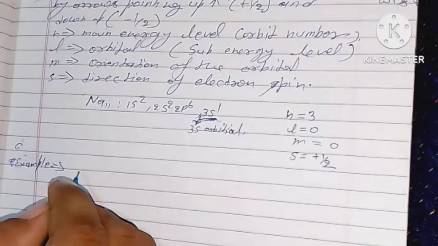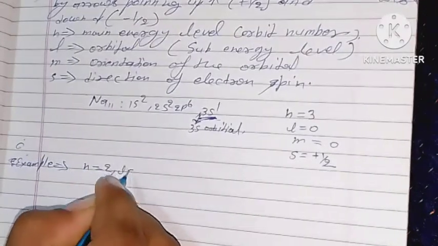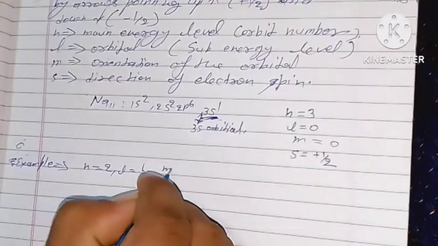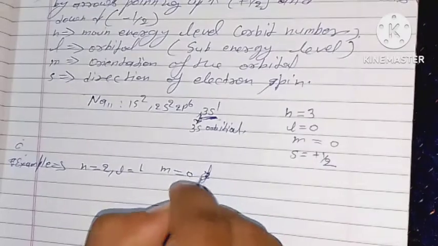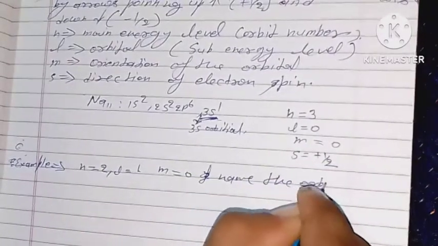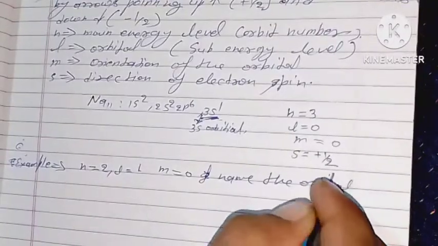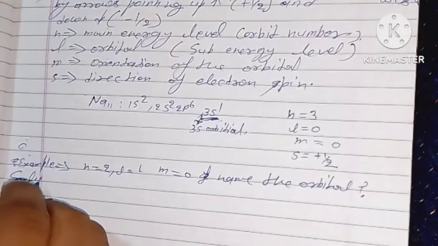As an example, an electron in an atom has n equal to 2, l equal to 1 and m equal to 0. Name the orbital. Solution.